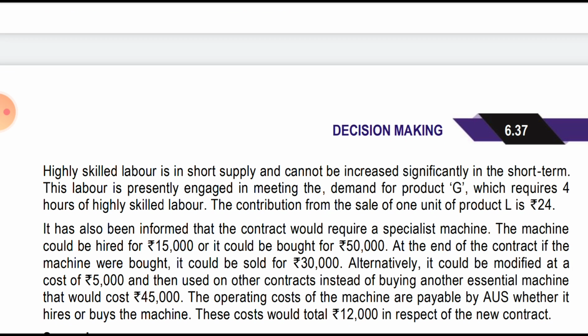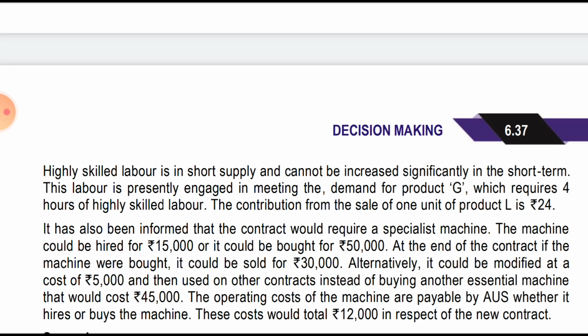The contribution from the sale of 1 unit of product L is 24. I don't know why they have given first G and then L. It should actually be the same, so consider it the same product.